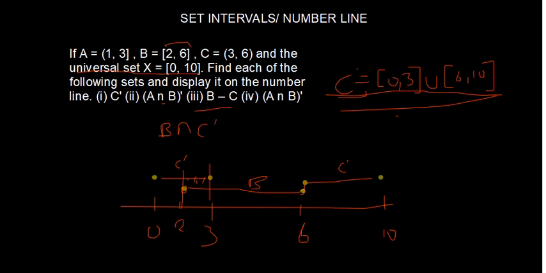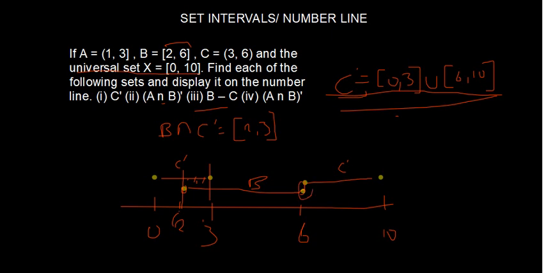So therefore, our set is going to be, let me not use these brackets. From 2 to 3, they are all shaded at the endpoints. So it's going to be [2, 3]. Then that's just a single point which is found in B and C complement.